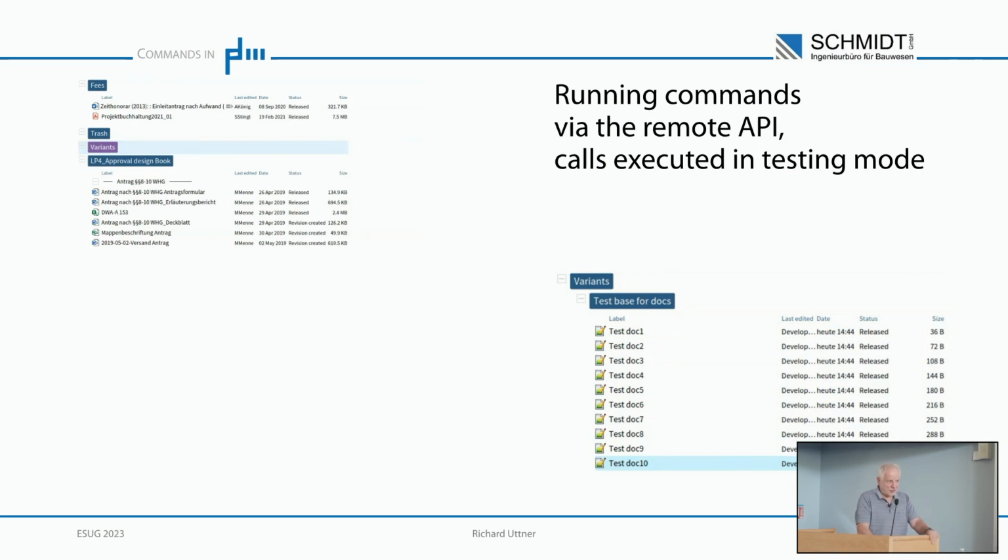Another advantage we are really liking to use in the meantime is that those commands are not only accessible via direct keyboard input, of course they are also accessible via a remote API.